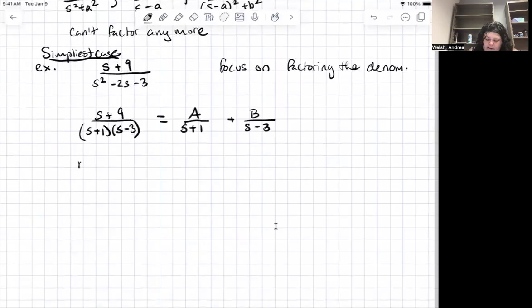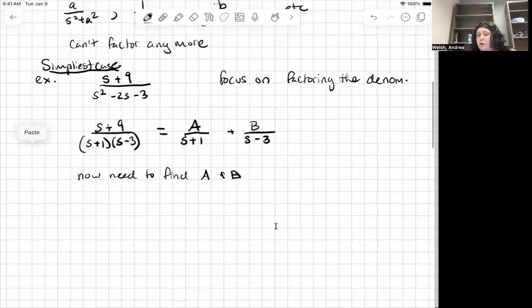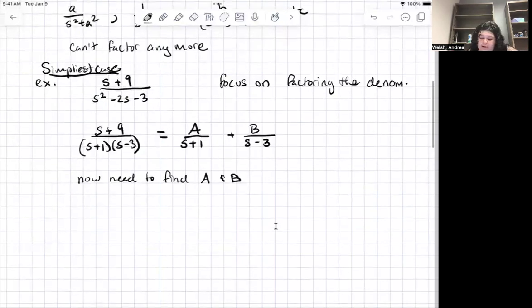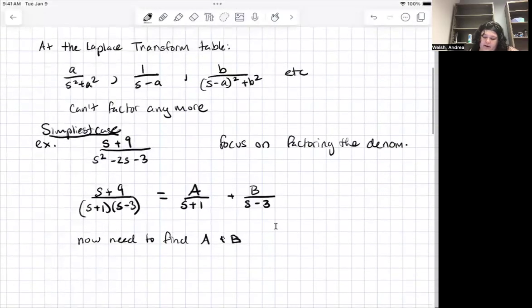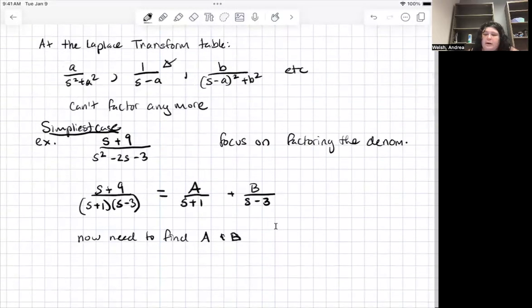Now we need to find A and B. Notice that what I want as an output, something over s plus 1, something over s minus 3, is specifically one of the factors on our Laplace transform table.